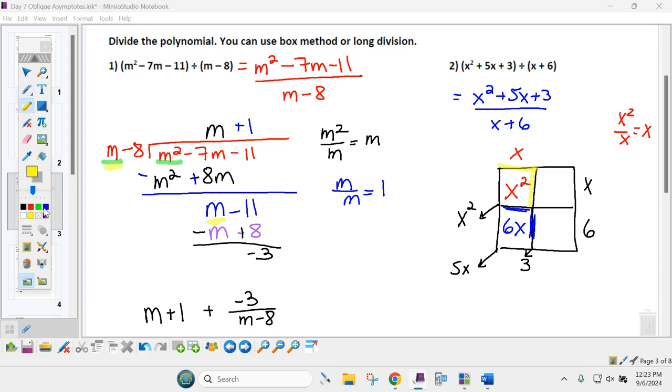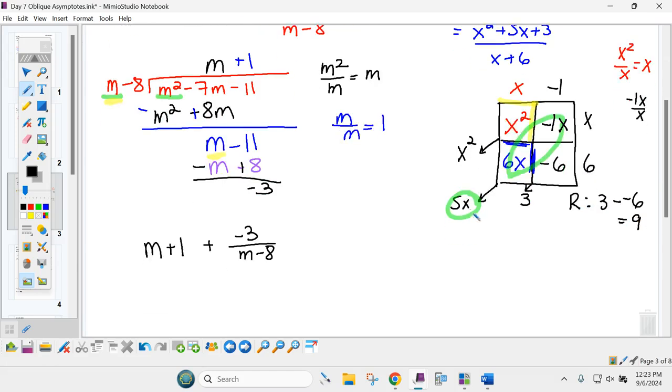Then we subtract, because this diagonal has to add up to 5x. You can make it a puzzle, or subtract backwards. 5x minus 6x is negative 1x. Divide again. Negative 1x divided by x is negative 1. Multiply it back. Subtract here gets me the remainder. So the division answer is quotient plus remainder over divisor.